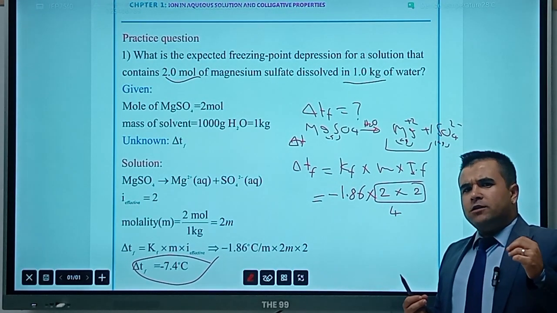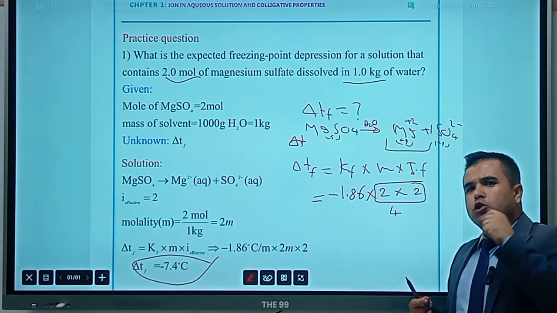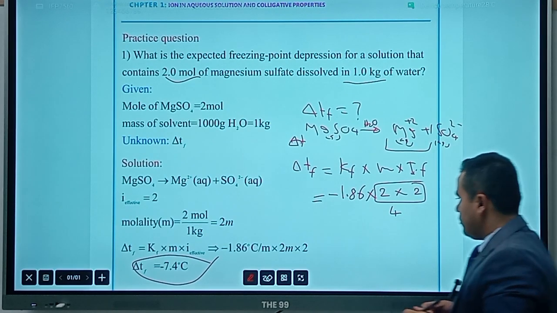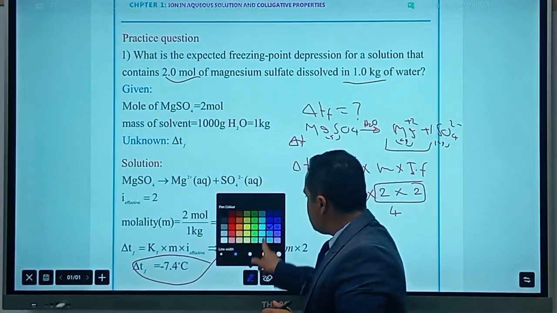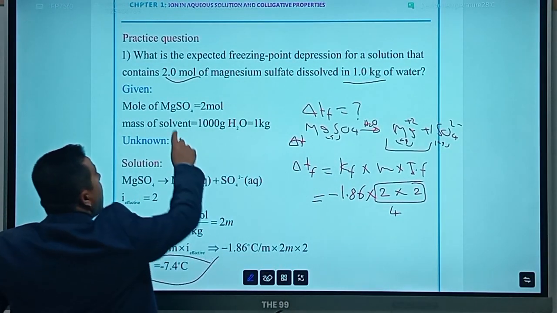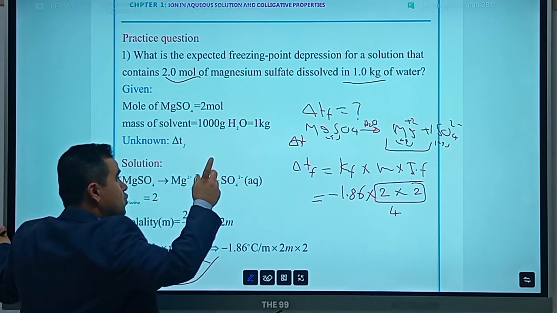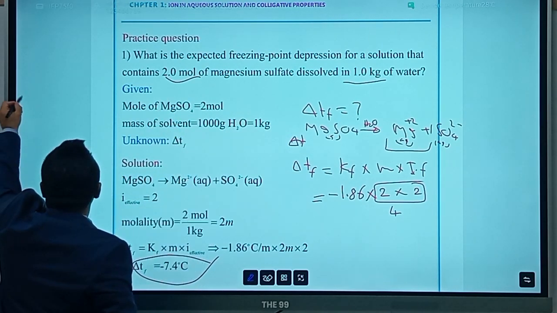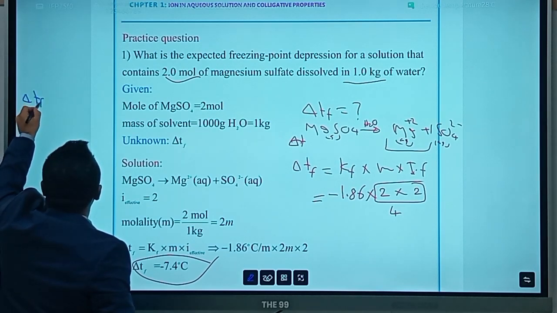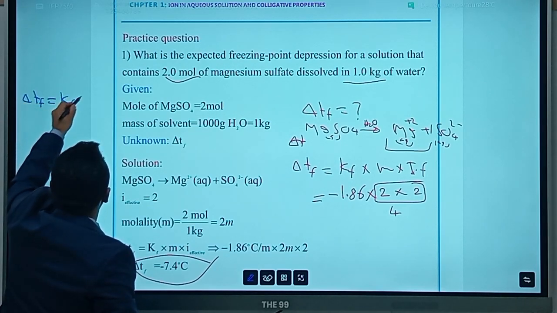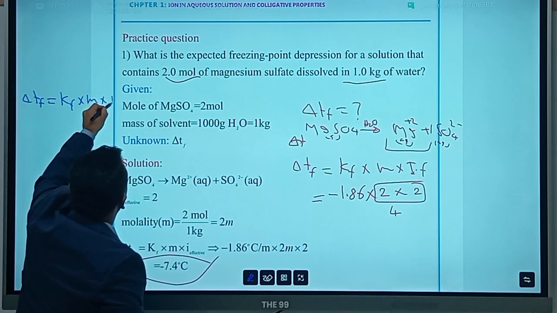In order to see the difference, I would like to solve the same question for sugar. If we have 2 mol of sugar, doesn't matter whether it's glucose or sucrose, in 1 kilogram. Delta Tf for the sugar is equal to Kf multiply m multiply 1.